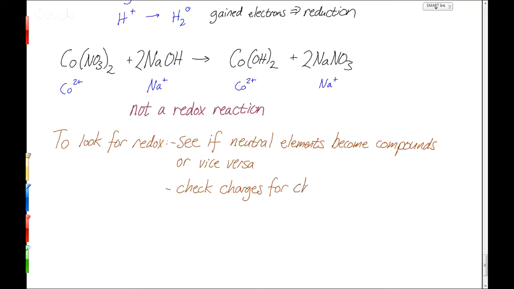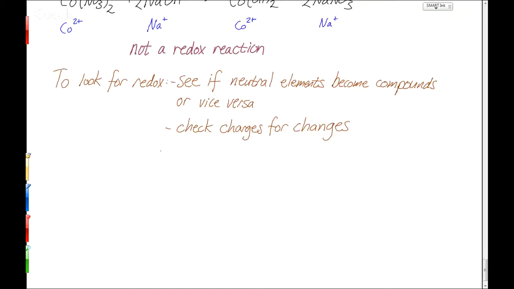And check, and then if that isn't there, we're going to check the charges for changes. In almost all of these reactions that you will see, if it fits into this redox category, you're going to see some neutral elements somewhere. That's not true of all reactions, but the other ones, organic compounds and things, are a little bit more difficult to check for oxidation states. We're not going to do that in this class.